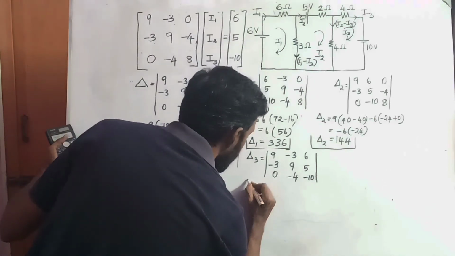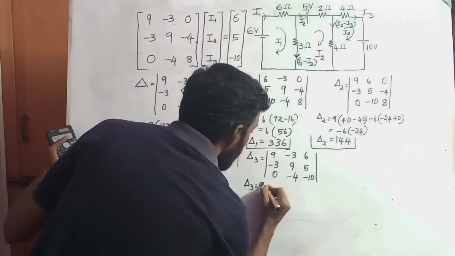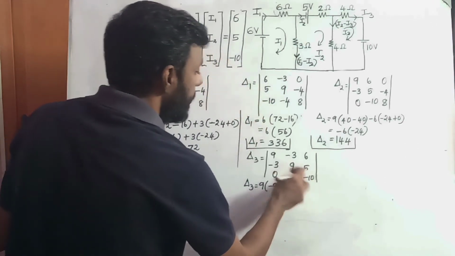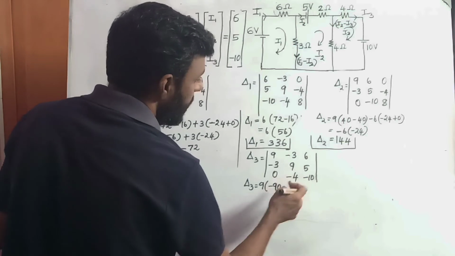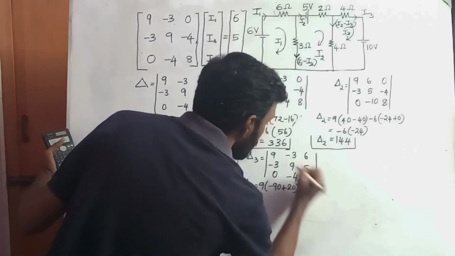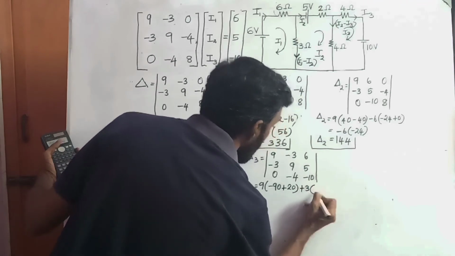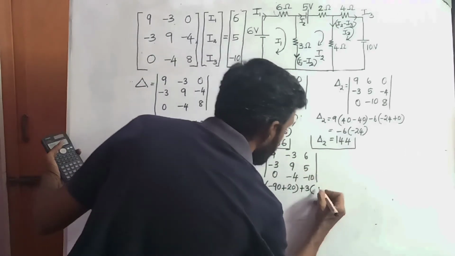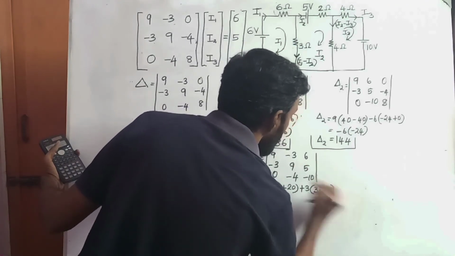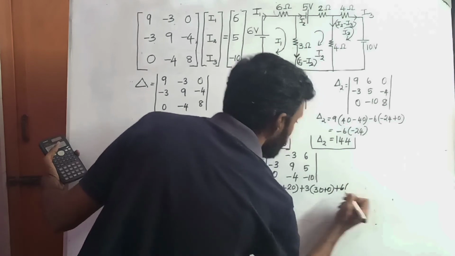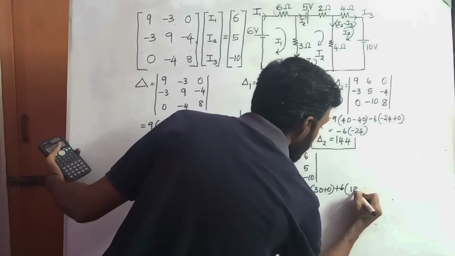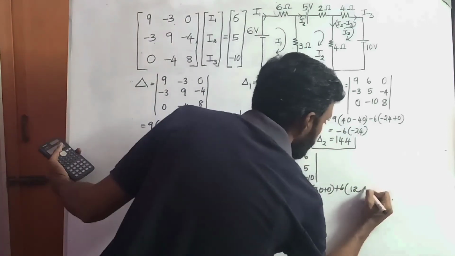Upon simplification, delta 3 equals 9 into (9 tens are 90, minus 90, minus minus 5 fours are 20), plus 3 into (3 tens are 30), and this one becomes 0, plus 6 into (3 fours are 12), plus 0.